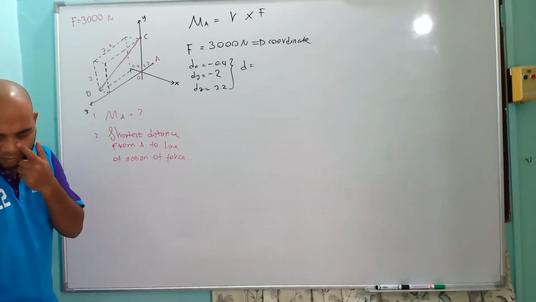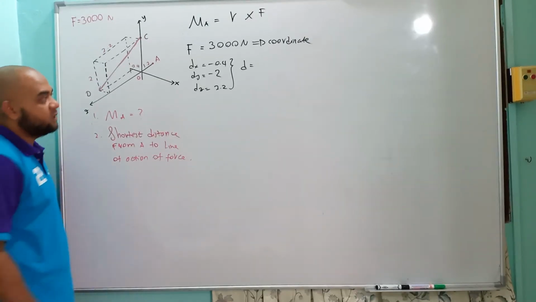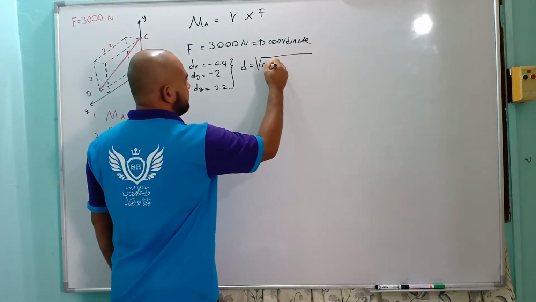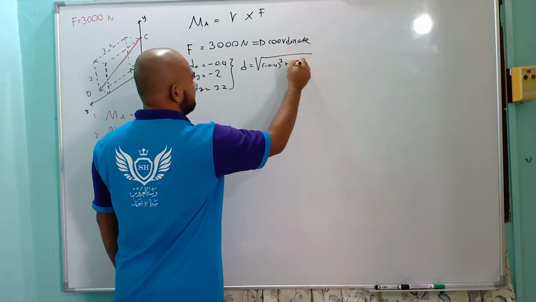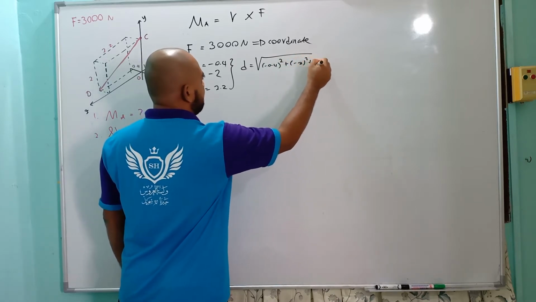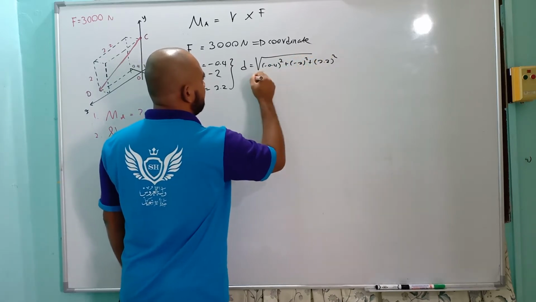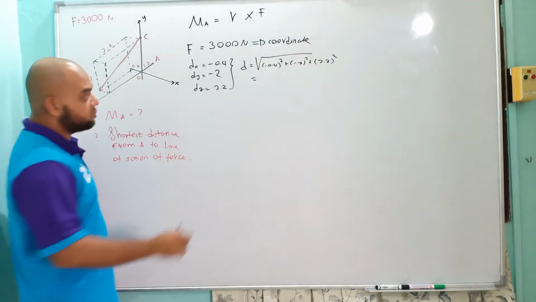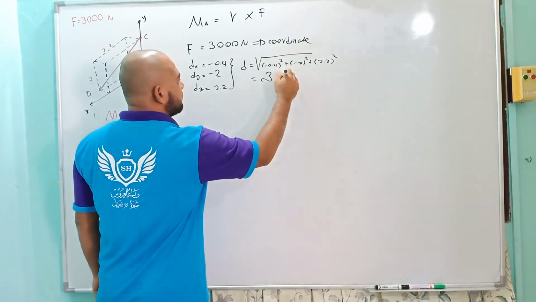Then you calculate the d. You know how to calculate the d: negative 0.4 squared plus negative 2 squared plus 2.2 squared. I've calculated that, so d is equal to 3 meters.